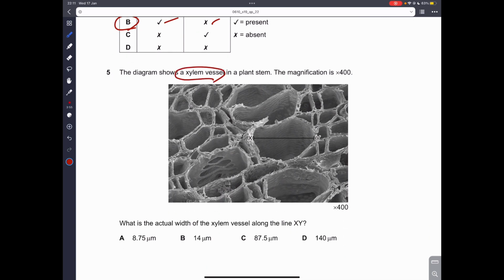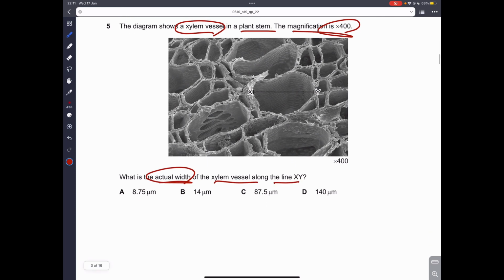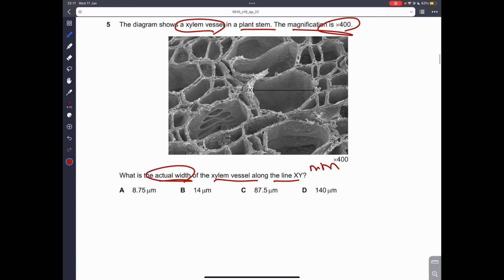Question number 5. The diagram shows a vessel in the plant stem. The magnification is 400. Now, what is the actual width of the xylem vessel along XY? Whenever you approach these kinds of magnification questions, I would suggest you measure in millimeters. However, the options given are in micrometers, so if you measure in millimeters, convert to micrometers, and you have to know your conversion factors.